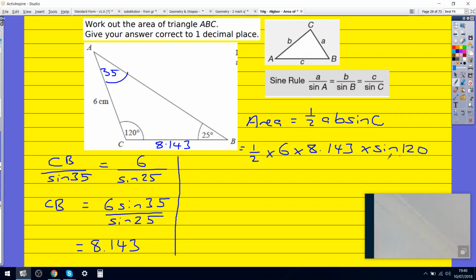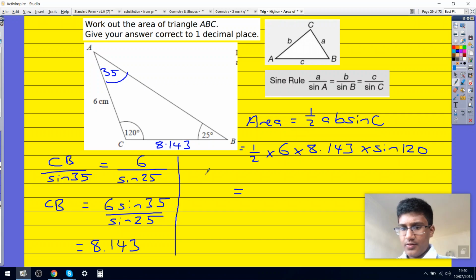So half times 6 times sine 20 gives us 8 point, so it wants 1 dp, so 8.4 cm. 8.4 centimeters. And so this uses 21.2.